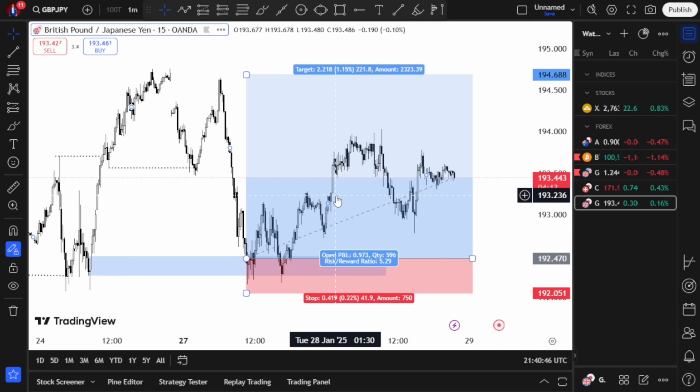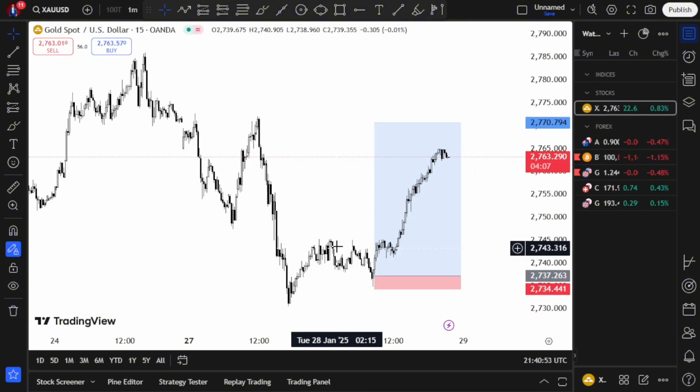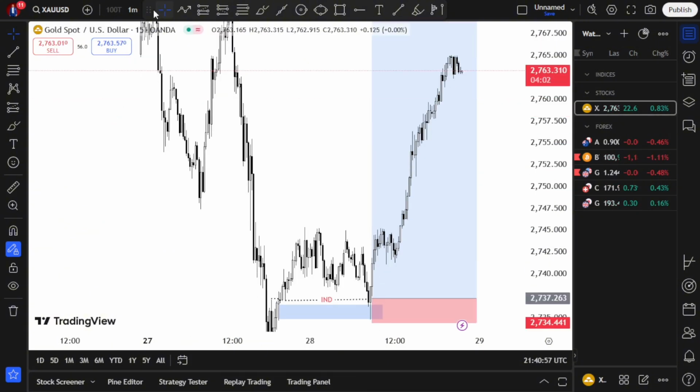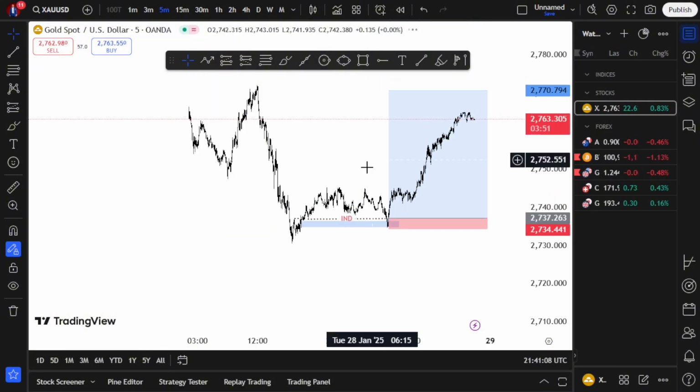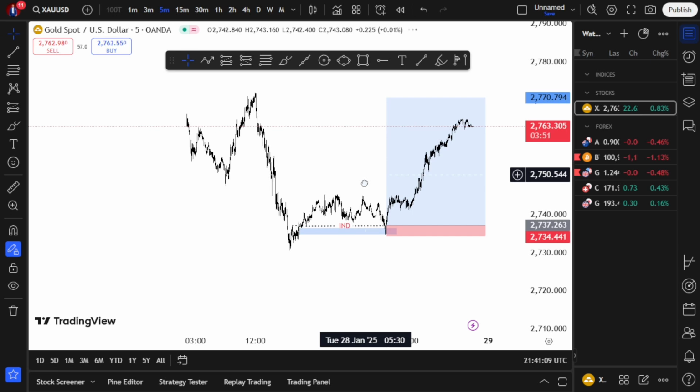And the funny thing is, today turned out to be so amazing for gold. I remember I saw this trade right here and wanted to enter it from the 5 minute time frame, but I missed that entry and just did not enter. You see, the market has actually been moving up since then.